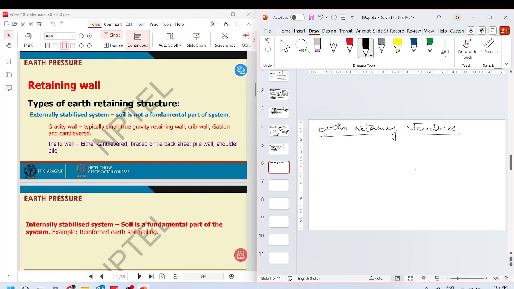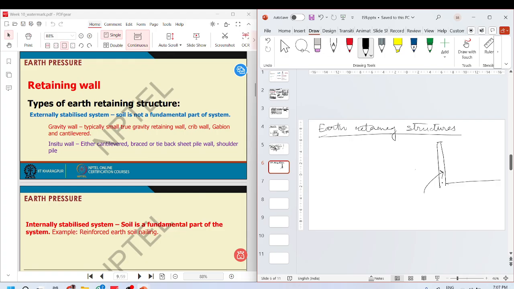So what we will study in earth retaining structures is what kind of force these structures may feel, because this force is not about the structure itself.